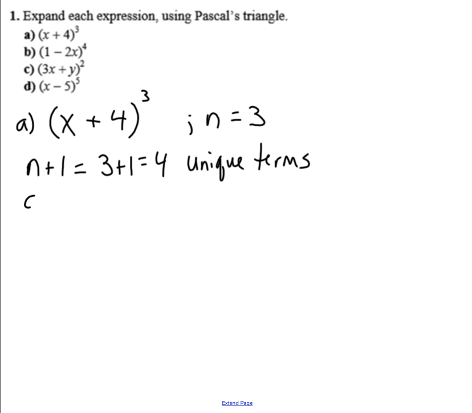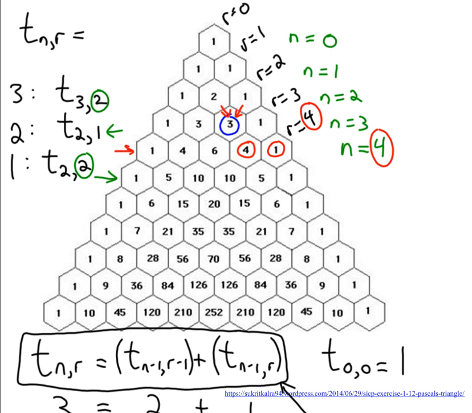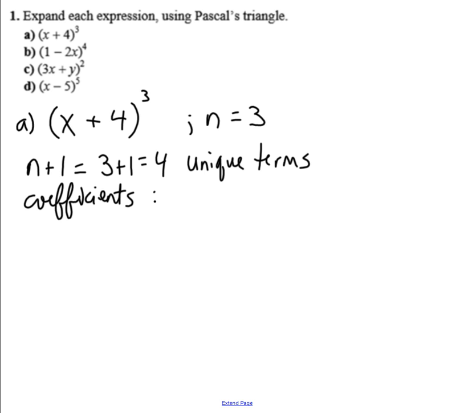Our coefficients are going to come from, well, the third n value row in Pascal's triangle, which is 1, 3, 3, 1. That's fitting because we know we're going to have 4 unique terms, so coefficients we can list as 1, 3, 3, 1.